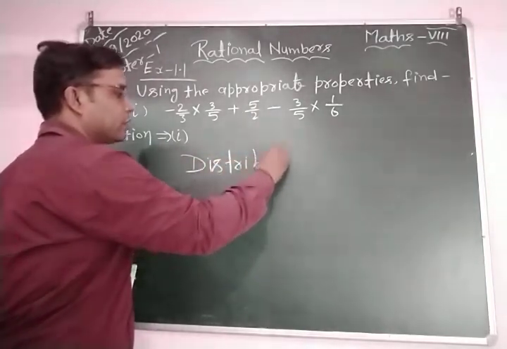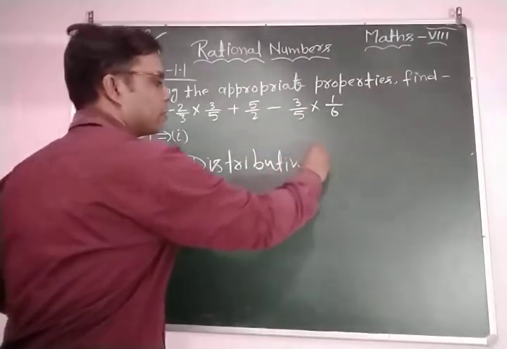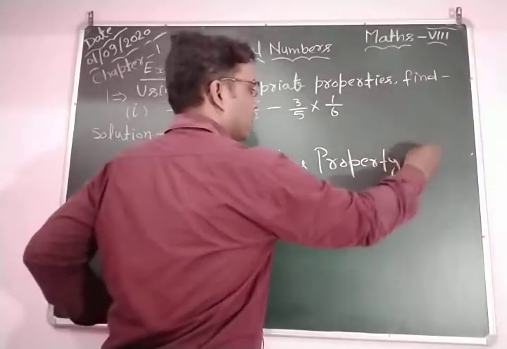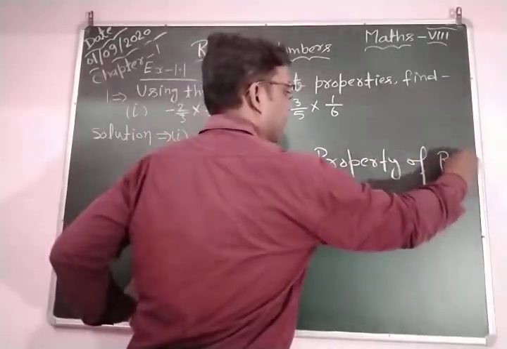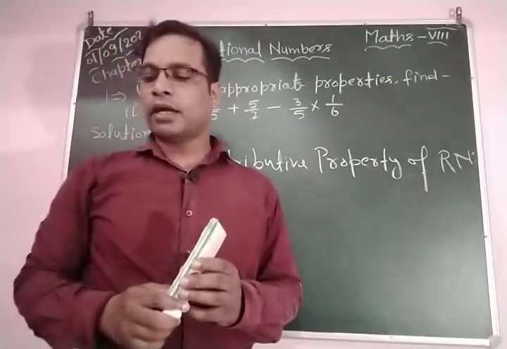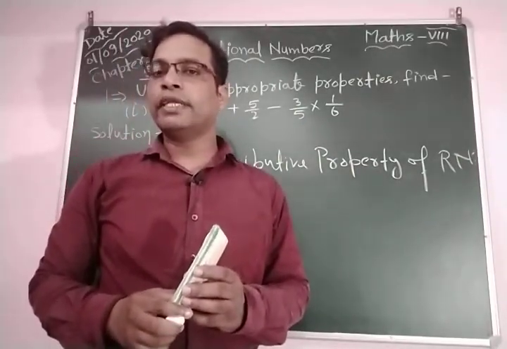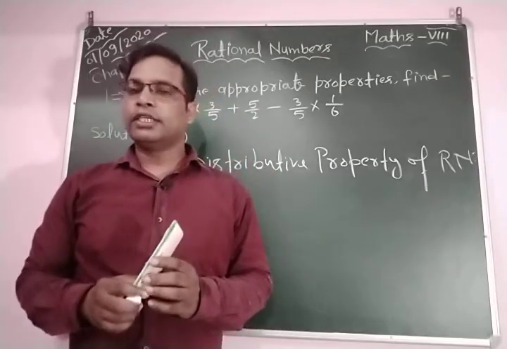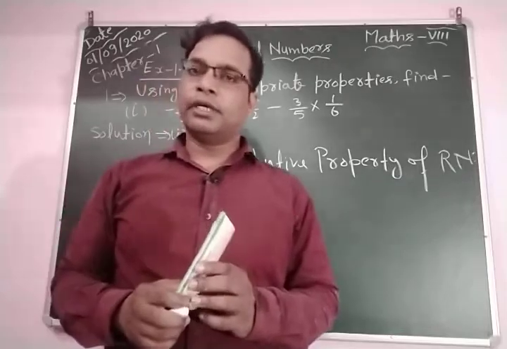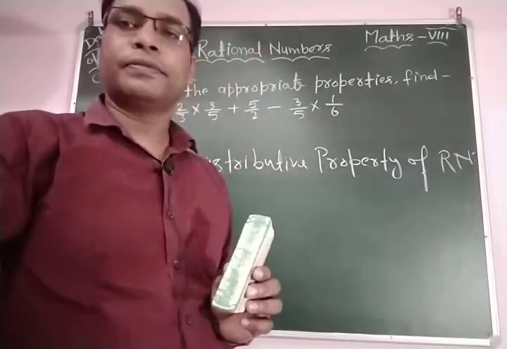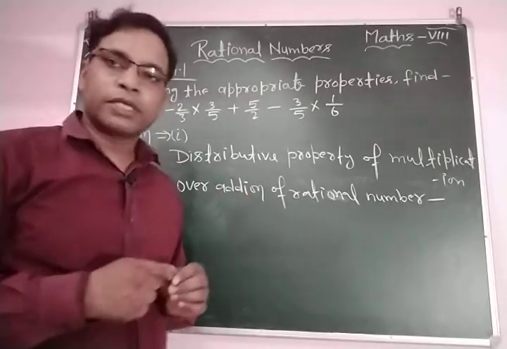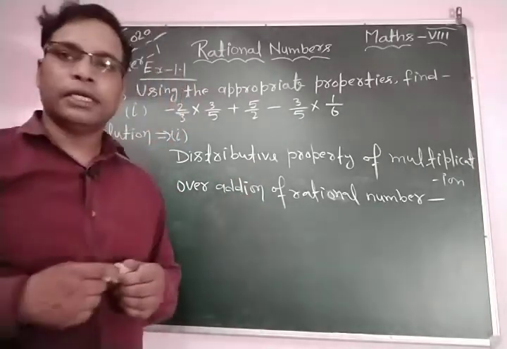It is the distributive property of multiplication over addition of rational numbers. So what is the distributive property of multiplication over addition of rational numbers?